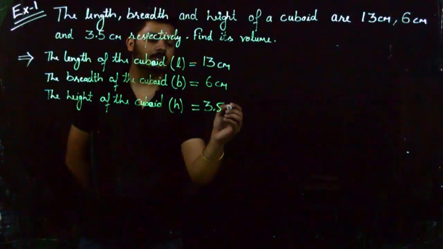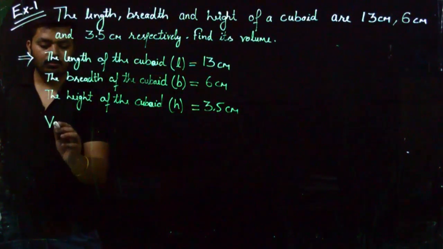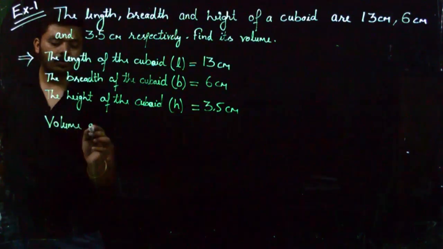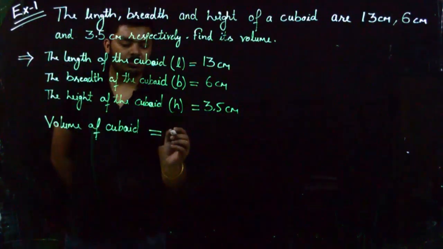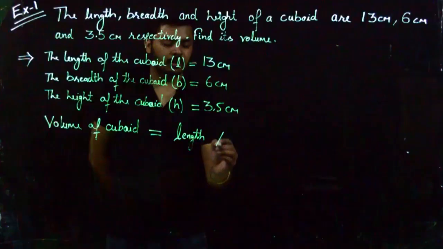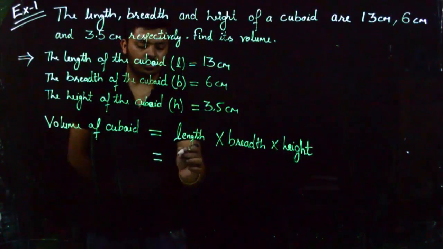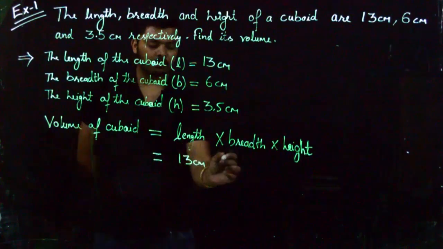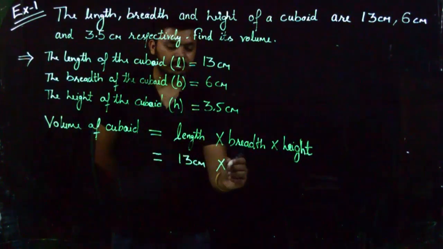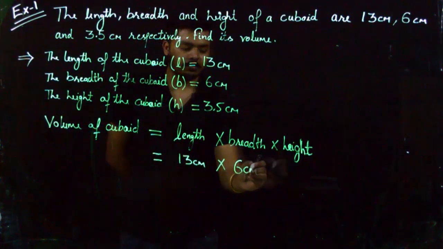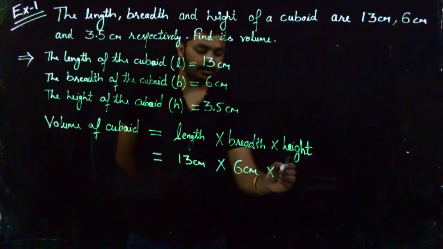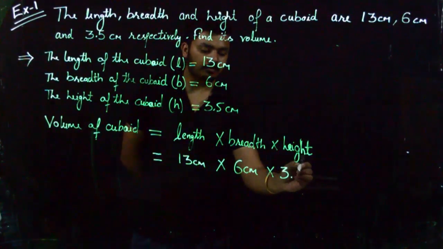3.5 centimeter. We know the formula for the volume of a cuboid is equal to length into breadth into height, equals 13 centimeter length multiplied by breadth 6 centimeter multiplied by height 3.5 centimeter.